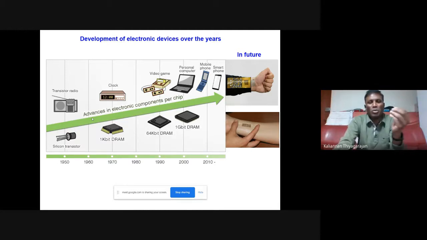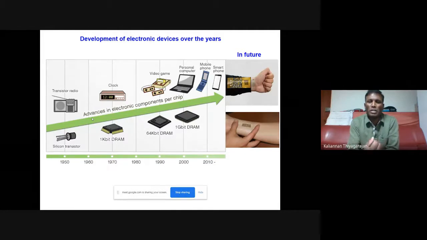Then slowly the laptop comes to our lap. The distance keeps reducing as electronic devices evolve. And finally we have the mobile phone in our hand, at a millimeter to centimeter distance.